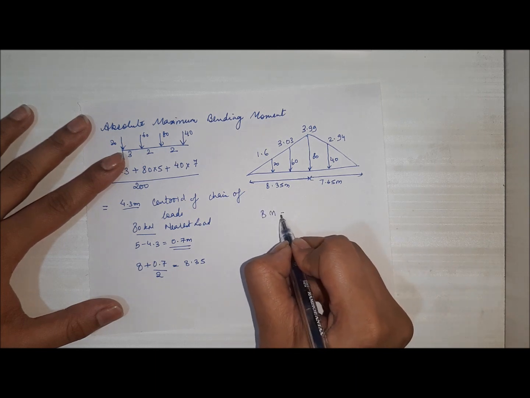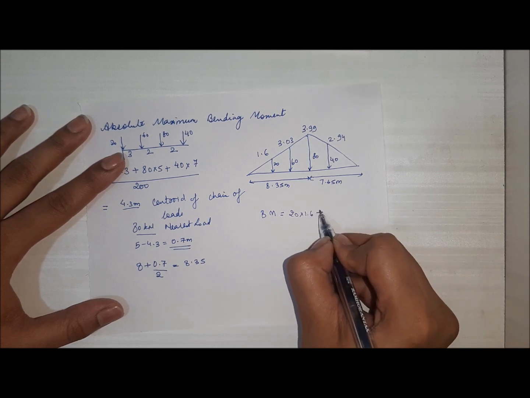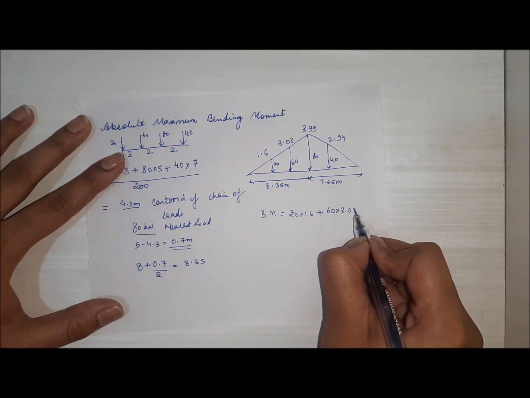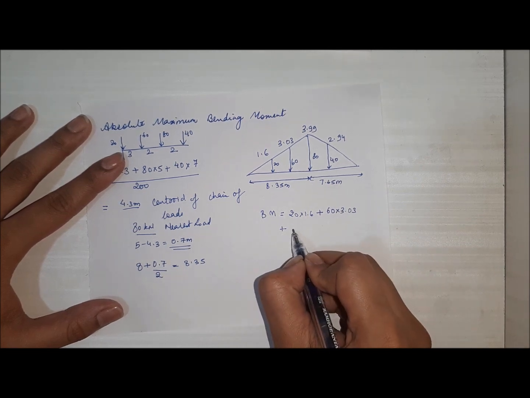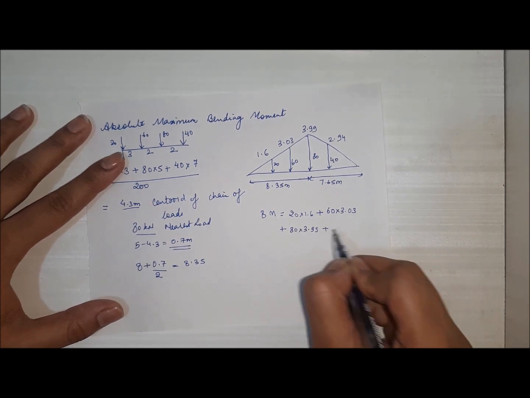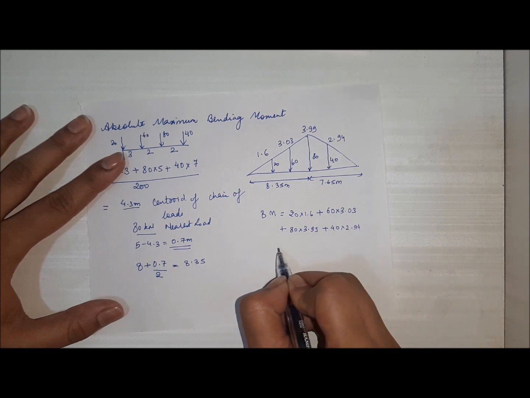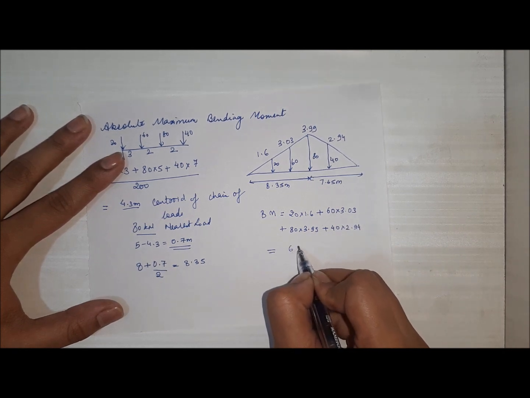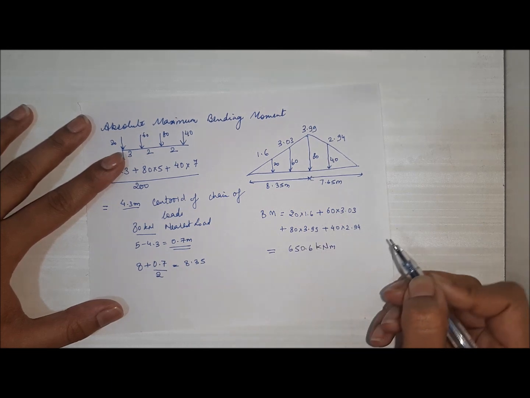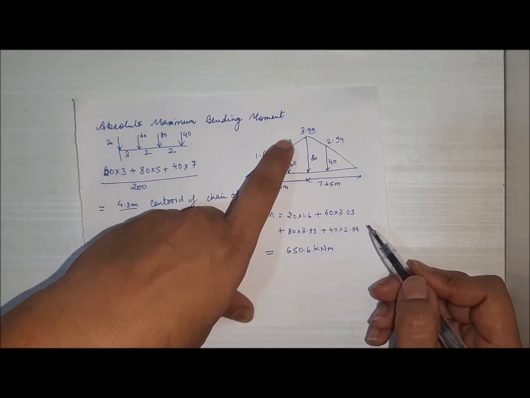The absolute maximum bending moment will come out to be 20 into its ordinate 1.6 plus 60 into its ordinate 3.03 plus 80 into its ordinate 3.99 plus 40 into its ordinate 2.94, and we will have the final result as 650.6 kilonewton meter.